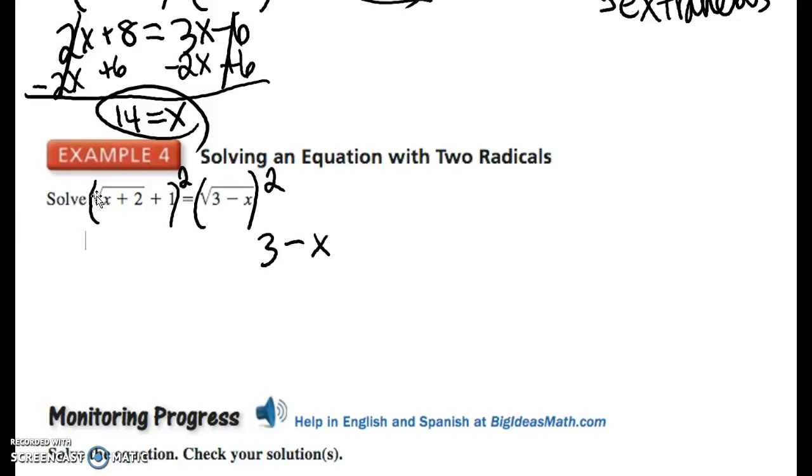I have to FOIL that. And when I do that, I'm going to get x plus 2 plus 2 times the square root of x plus 2 plus 1.